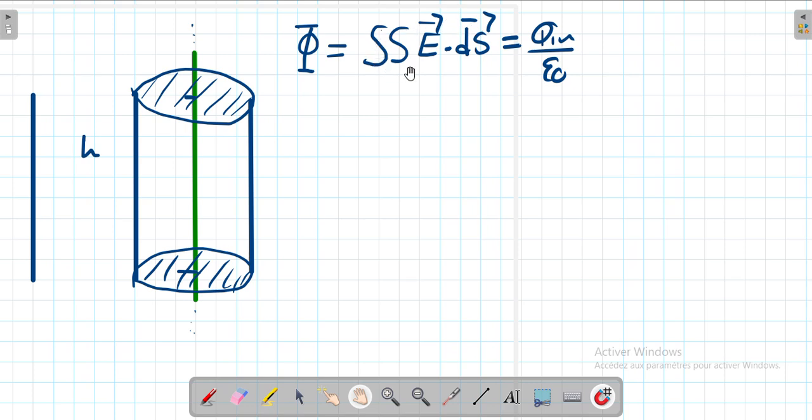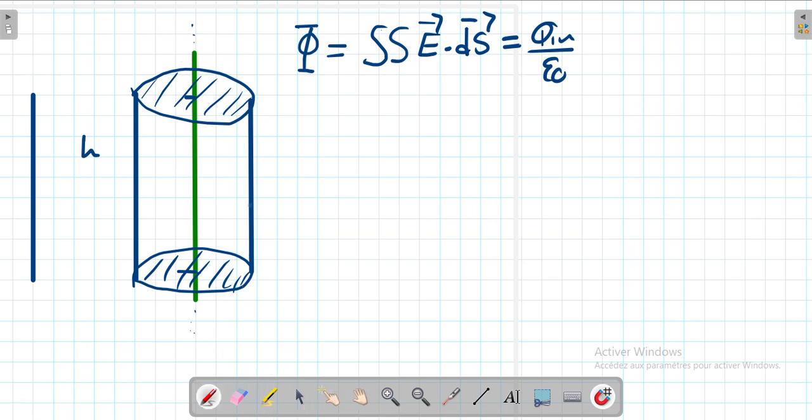So we're going to break down this integral because we know that the cylinder has three surfaces: two circles and a lateral surface.